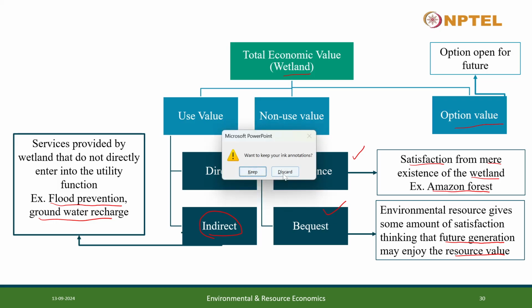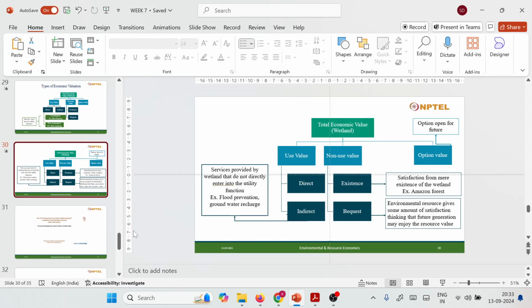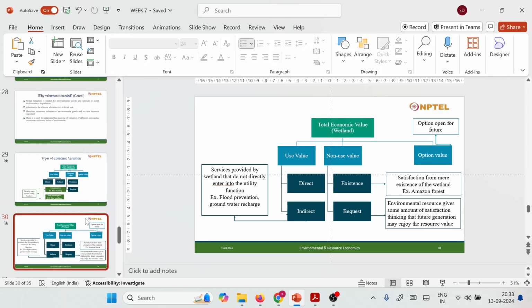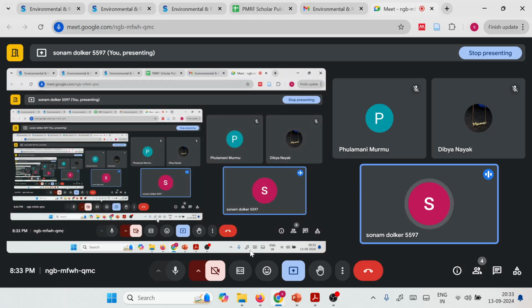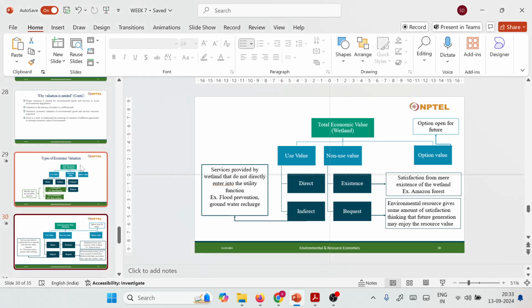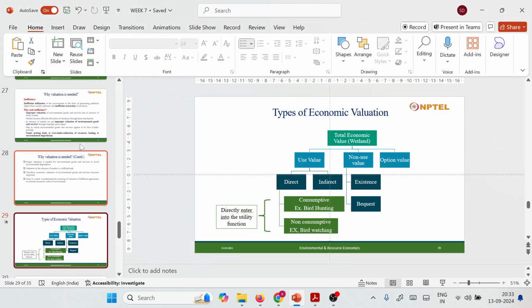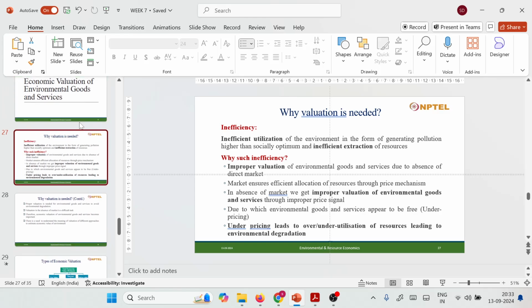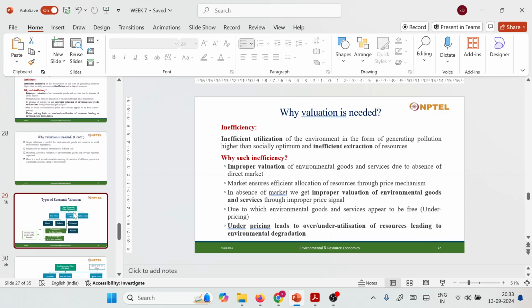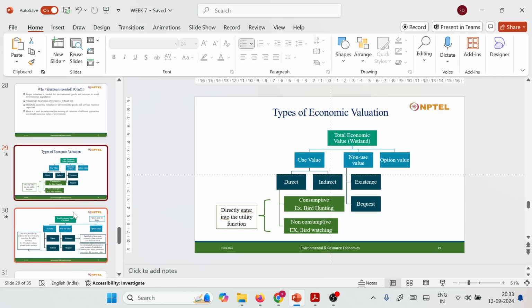Yes, with this I will move towards some of the questions. If you have some question till this lecture, then you can ask me. Are you able to understand what I covered in the last part, why the valuation of environment is needed, and then the types of economic valuation?